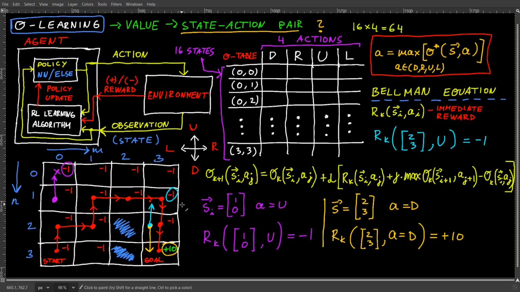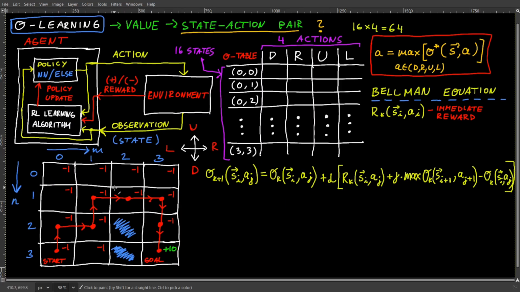However, to determine the value of a certain cell, the immediate reward is not enough. Imagine that you are either in a cell 0, 0 or 1, 3, and then from 0, 0 I move here, and then from 1, 3 I move here. In both cases, the immediate reward would be minus 1.